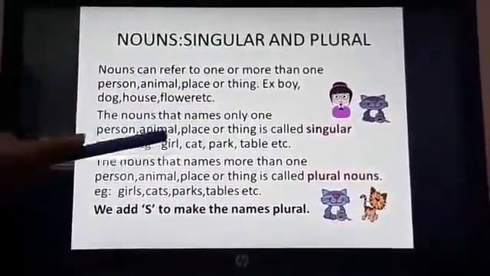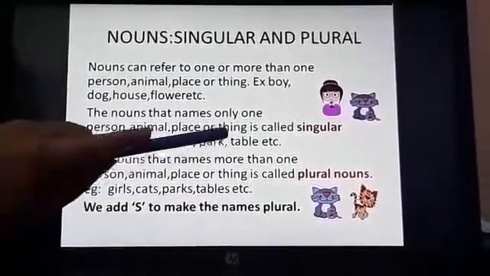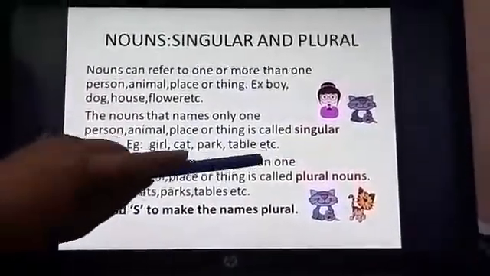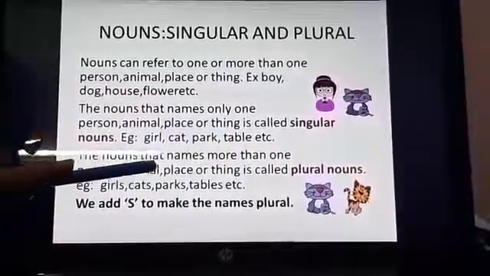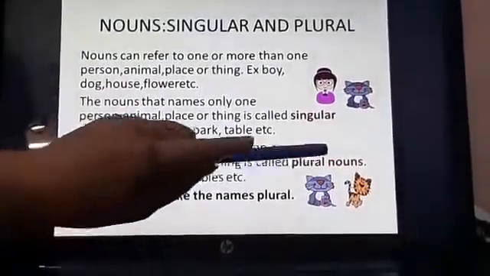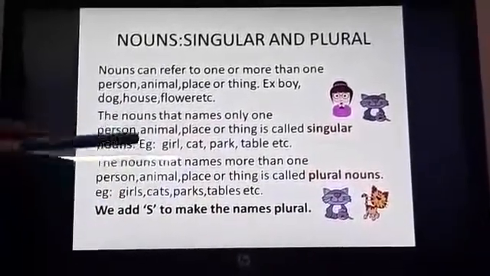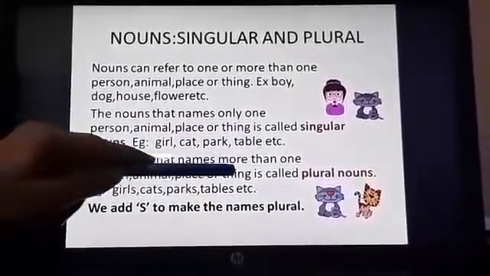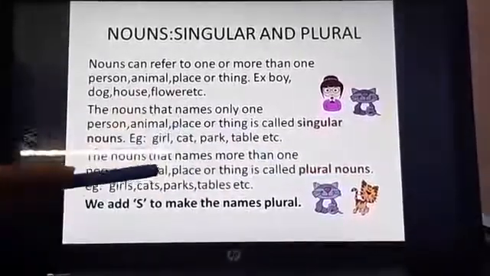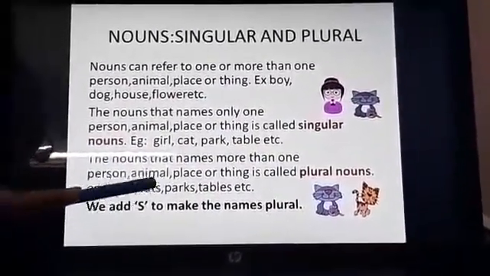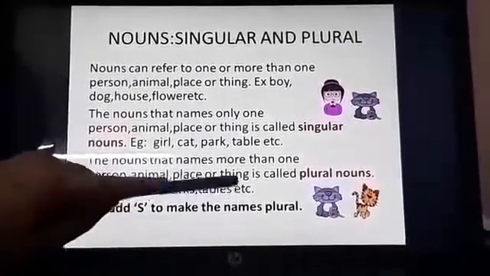For example, girl, cat, park, table, etc. The nouns that name more than one person, animal, place or thing are called plural nouns. Means what? If there is one or more person, animal, place or thing, they are called what? Plural nouns. Example, girls, cats, parks, tables, etc.